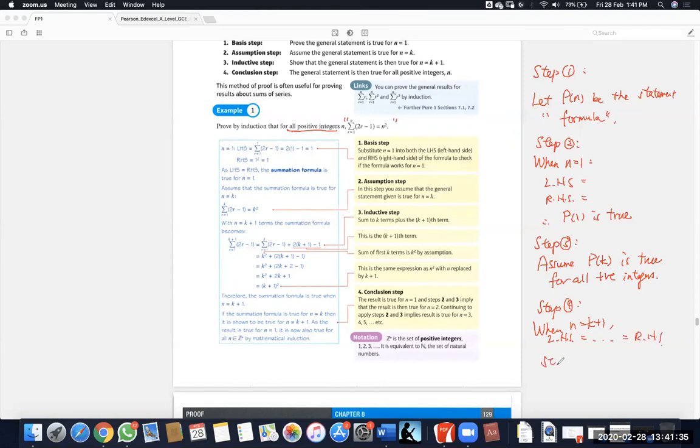And then step 5, you just say by induction, P(n) is true for all positive integers. Oh, sorry, this is not for all positive integers, it's for some positive integer. So can you copy down the structure here? And then I'll give you some examples.